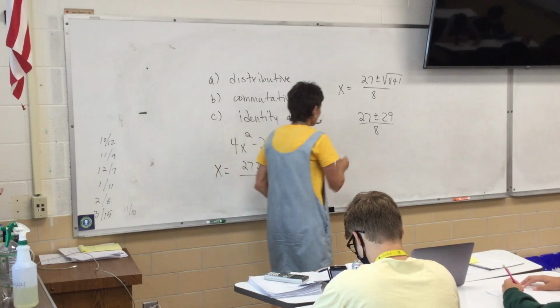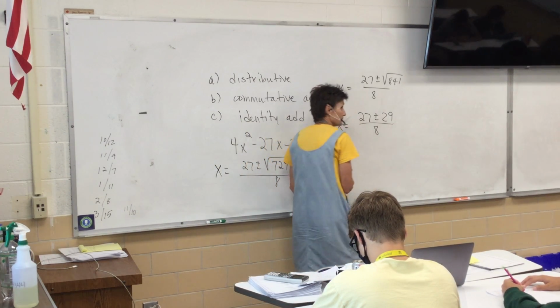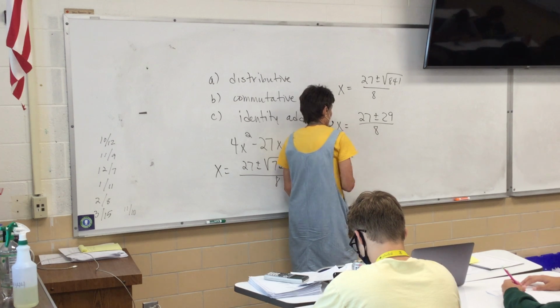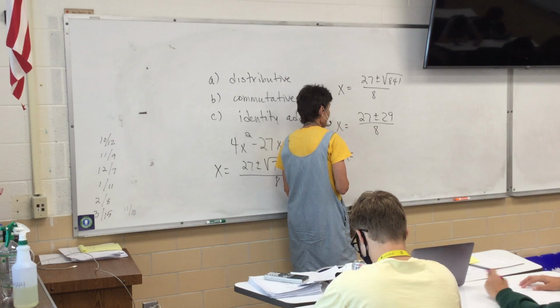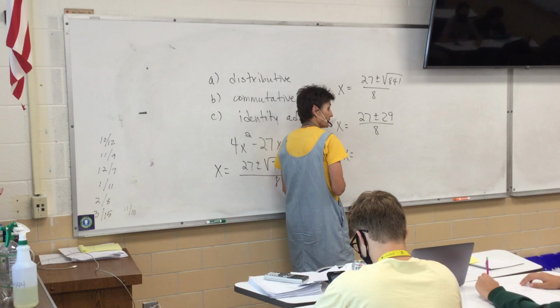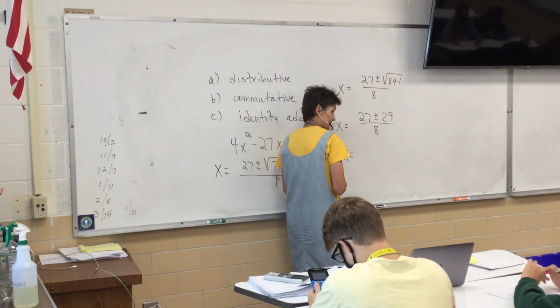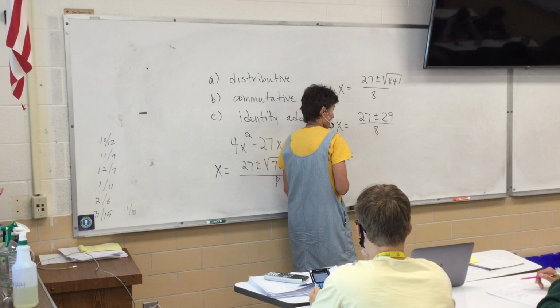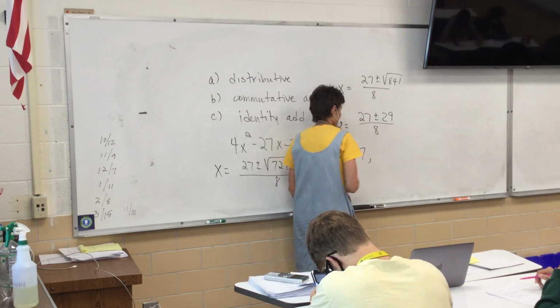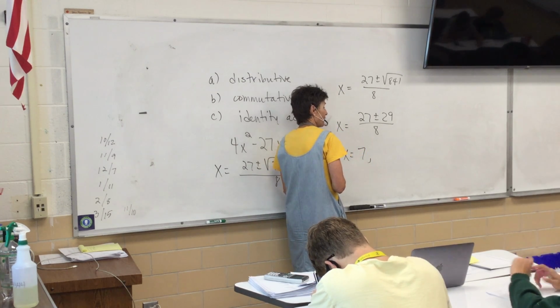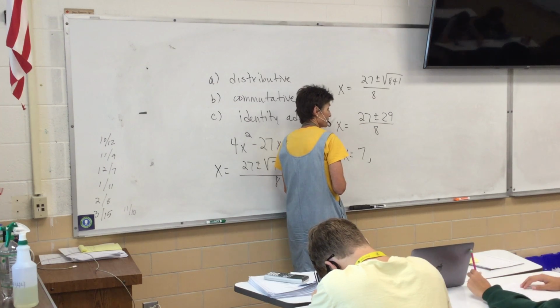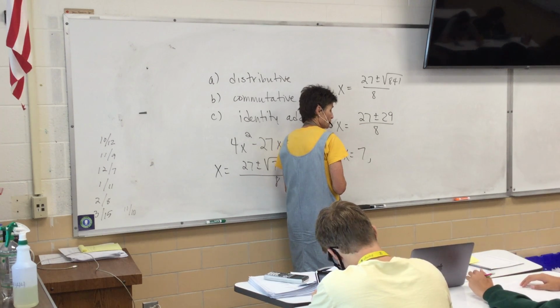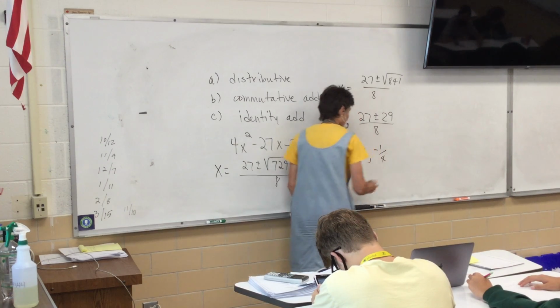So now we have to figure it out. 27 plus 29 is 56. Divided by 8 is 7. And 27 minus 29 is negative 2. Divided by 8 is negative 1/4.